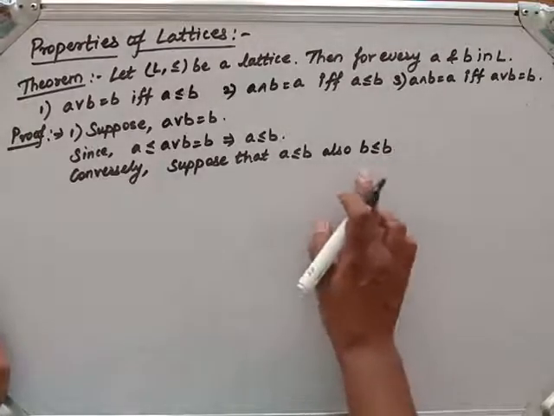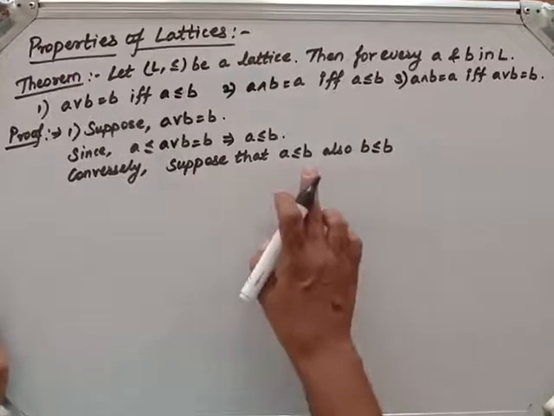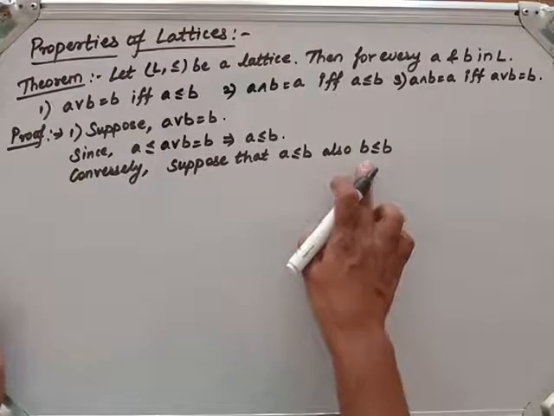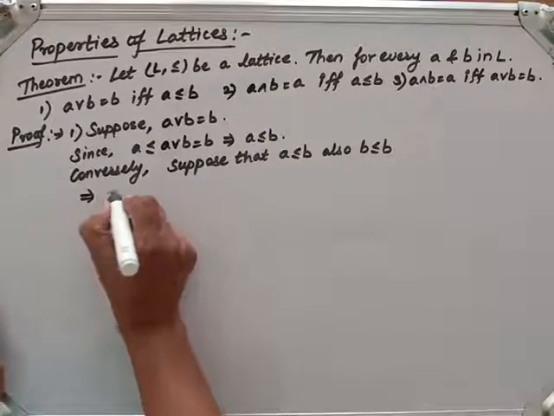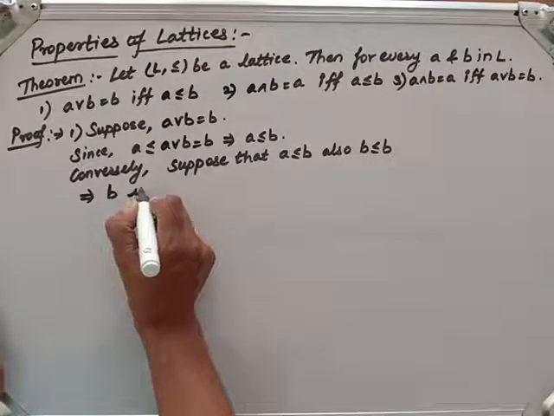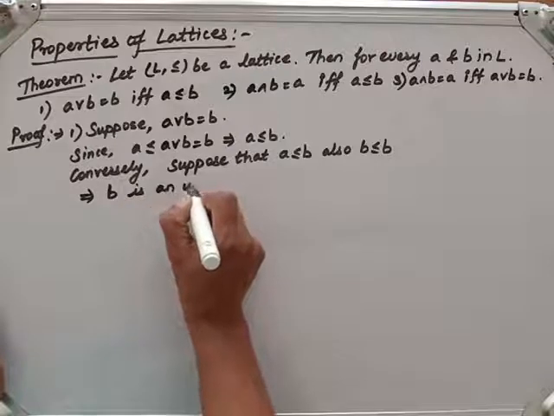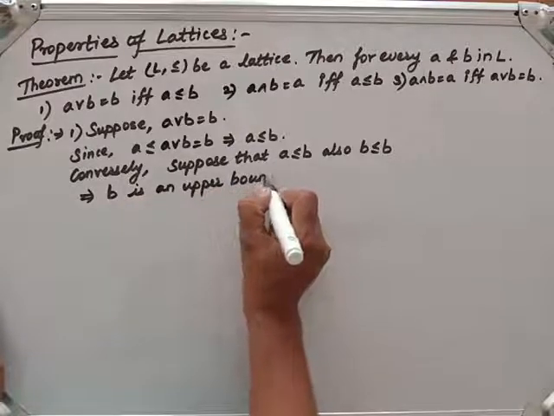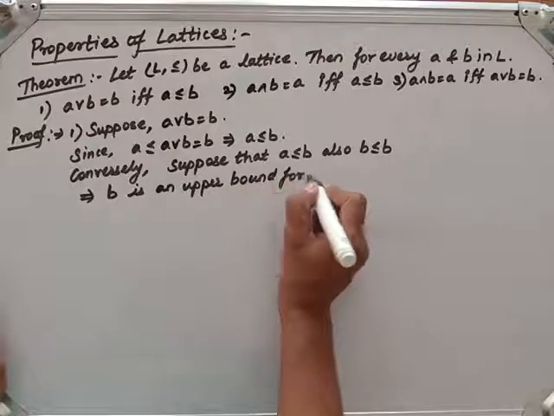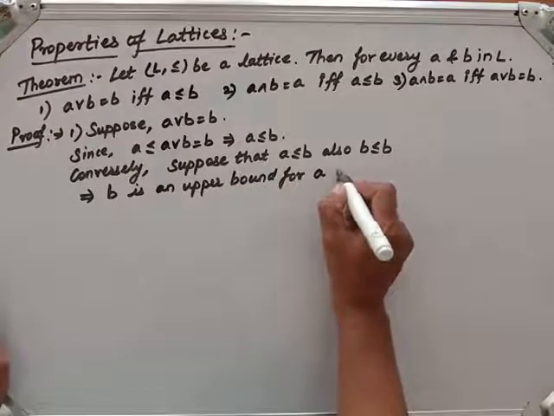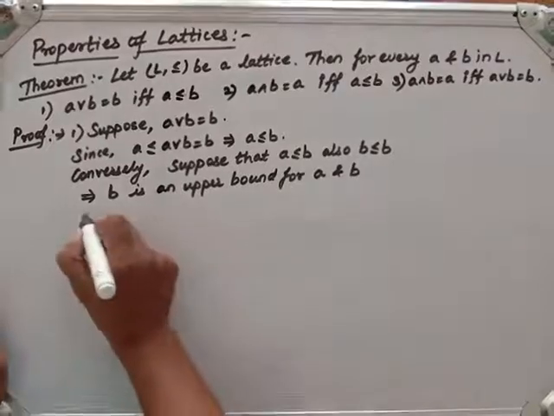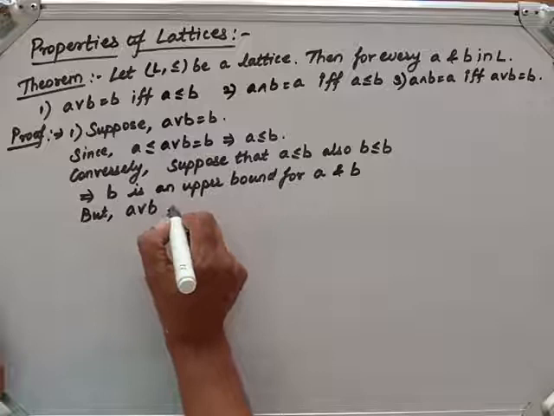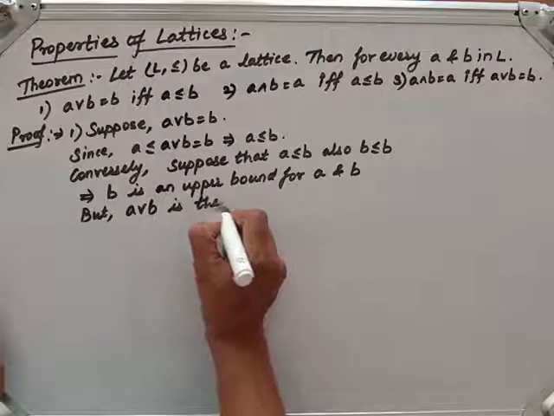So A is related to B, and B is related to B. So B will become an upper bound for A as well as B. So this says B is an upper bound for A and B, but A join B is the least upper bound.